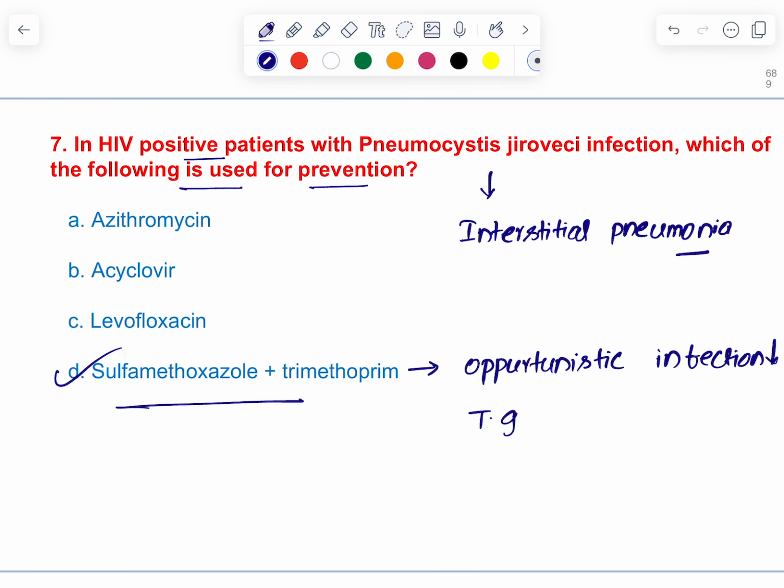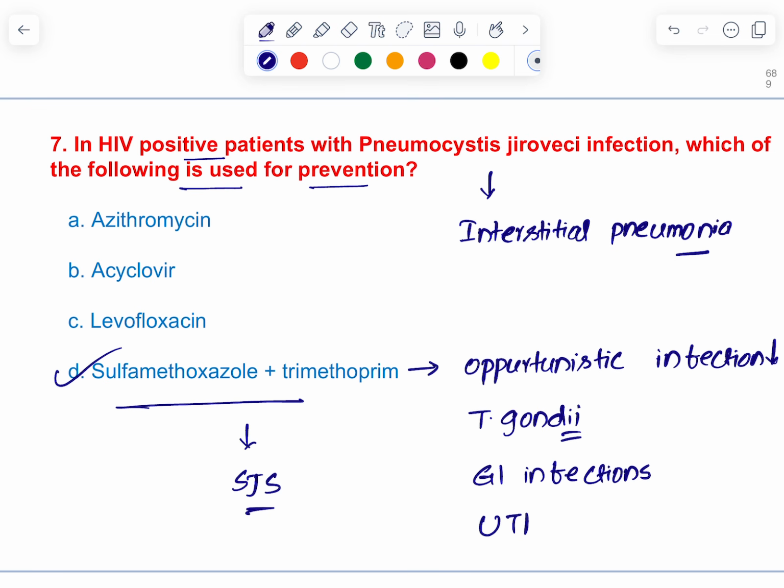Like Toxoplasma gondii, gastrointestinal infection, and urinary tract infections. So these are all the advantages of giving trimethoprim-sulfamethoxazole. Whenever you are giving it, you need to closely monitor for adverse effects such as Stevens-Johnson syndrome. But the drug of choice for PCP pneumonia will be trimethoprim-sulfamethoxazole.